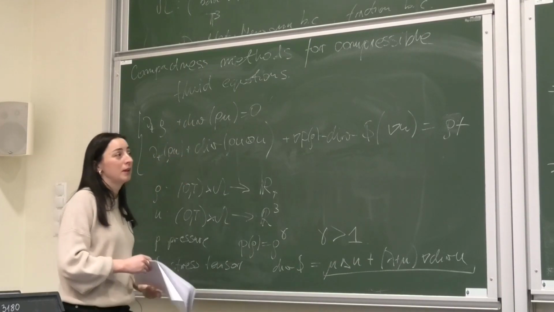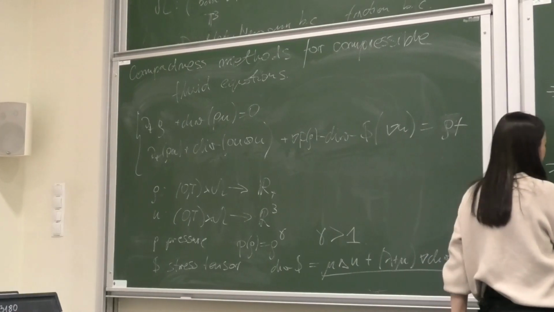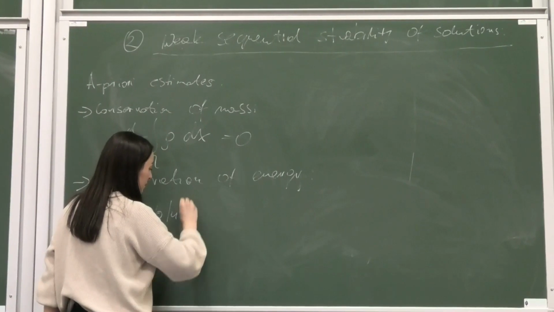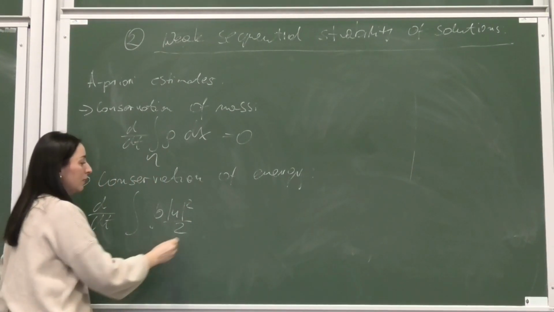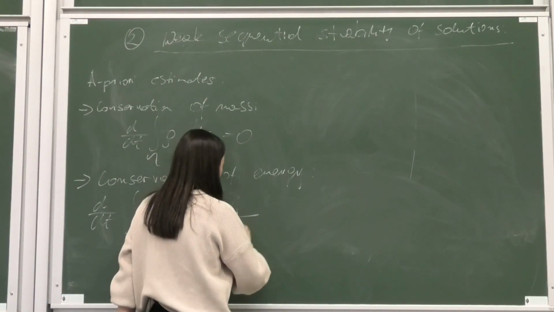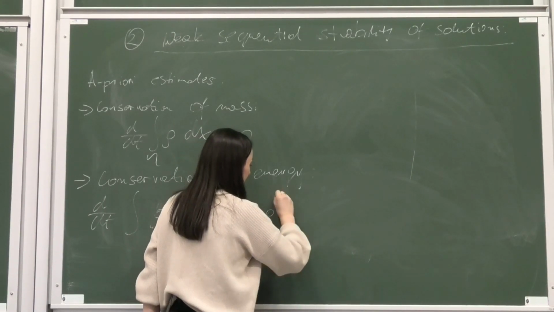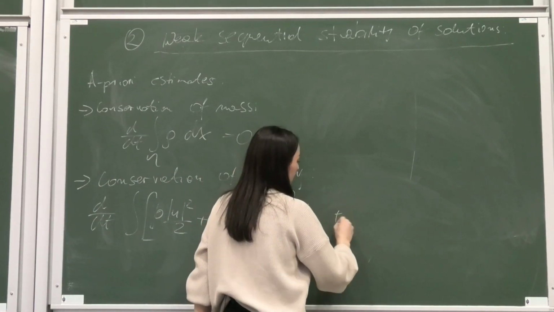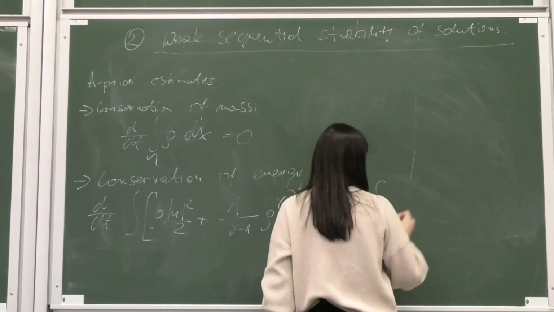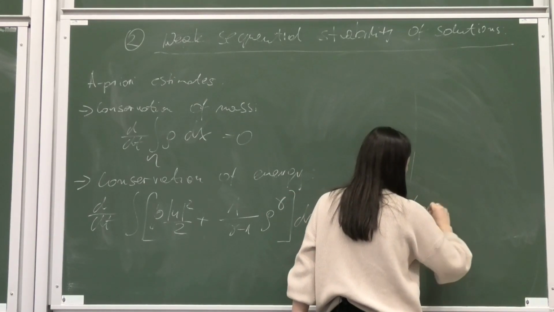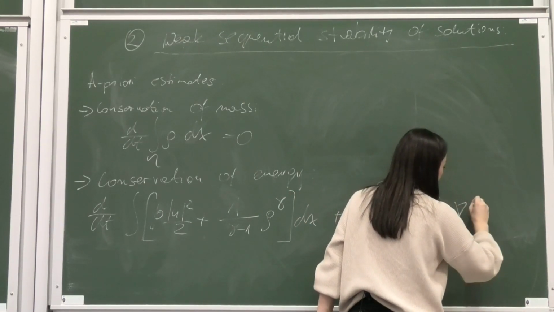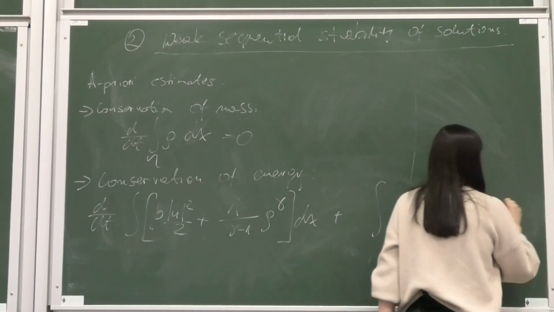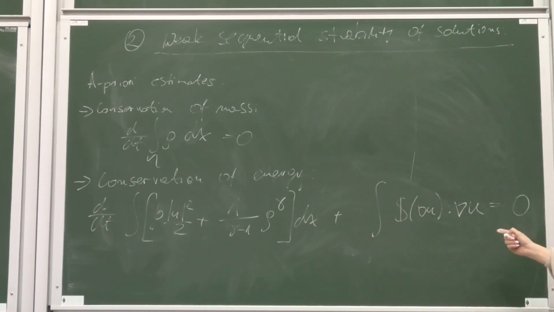When you sum it up, what you obtain is that dt of the kinetic energy, so rho u squared divided by 2, plus potential energy, and I will explain where it comes from, plus your stress tensor, let's say that our force is equal to 0, that this is equal to 0.